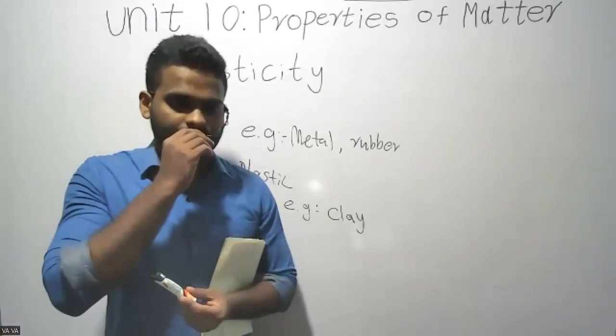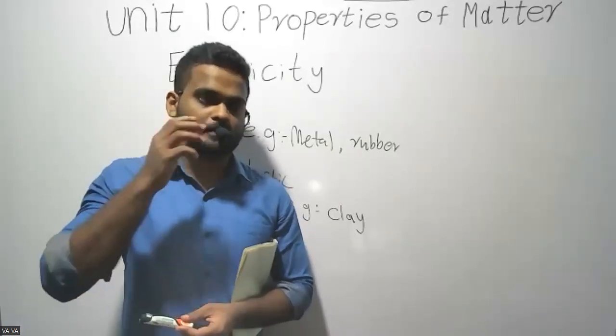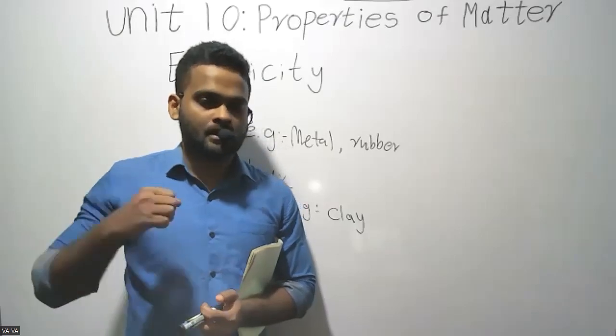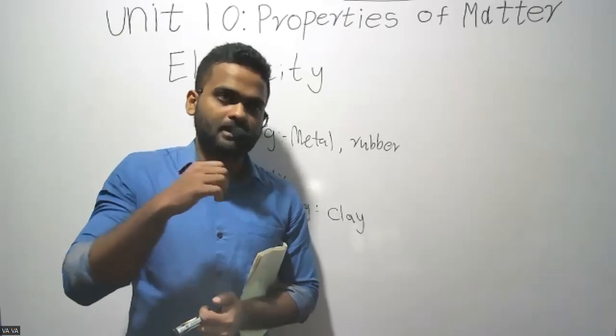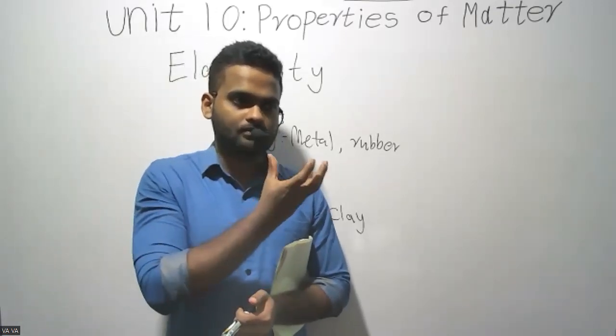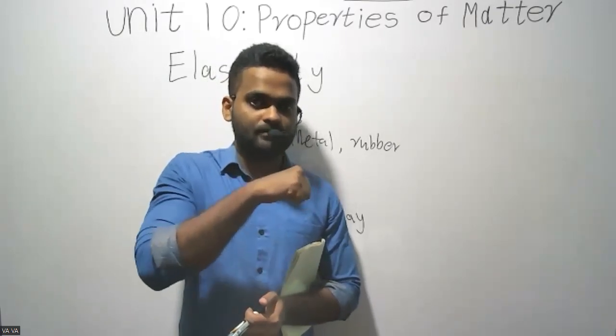So earlier, when we applied Newton's laws to objects, we were applying F equals ma, but we didn't think about the deformation of those objects due to the applied forces.